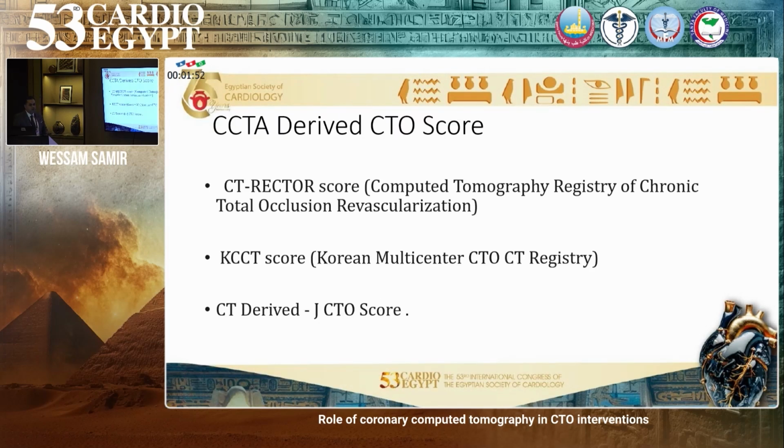According to what we mentioned previously, there are different CT coronary angiography derived CTO scores, including the CT-derived JCTO score, compared to the JCTO score in invasive angiography. And there is the Korean multicenter CTO CT registry score and the Computed Tomography Registry of Chronic Total Occlusion Revascularization score.